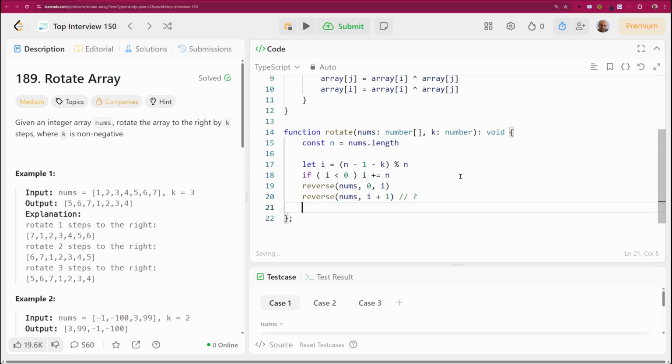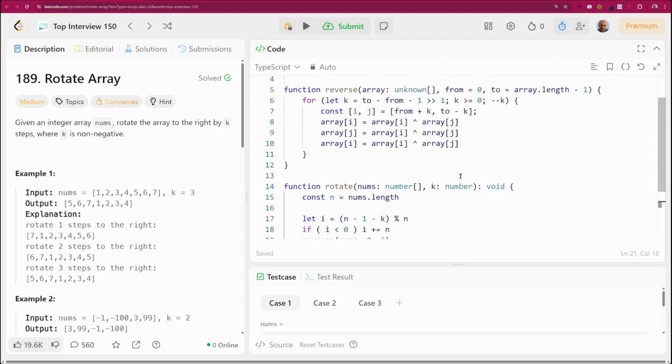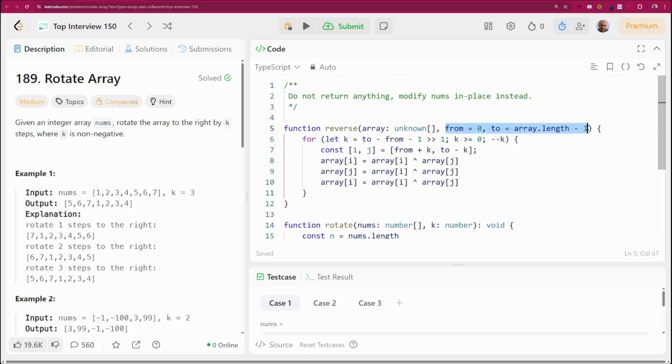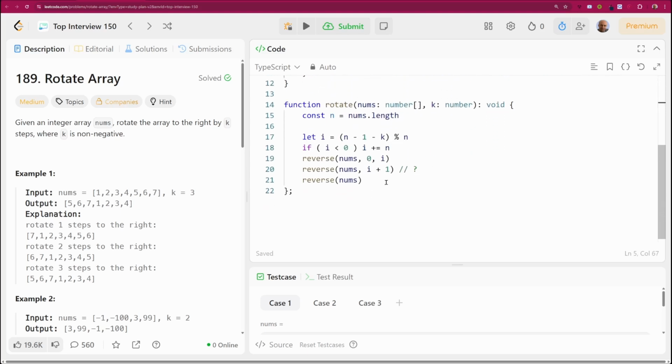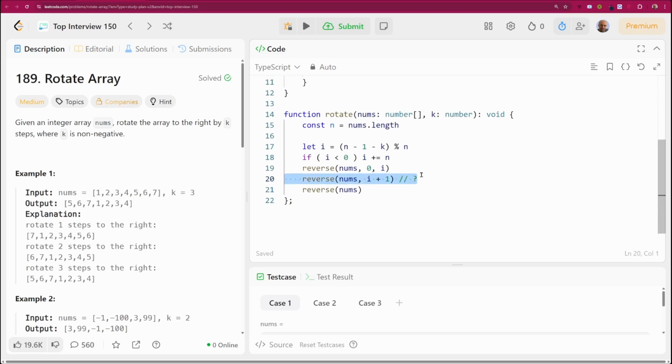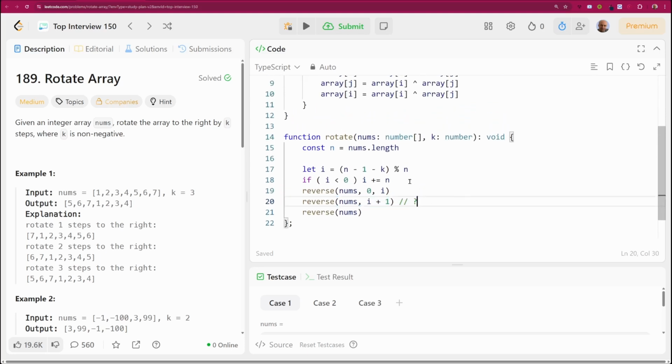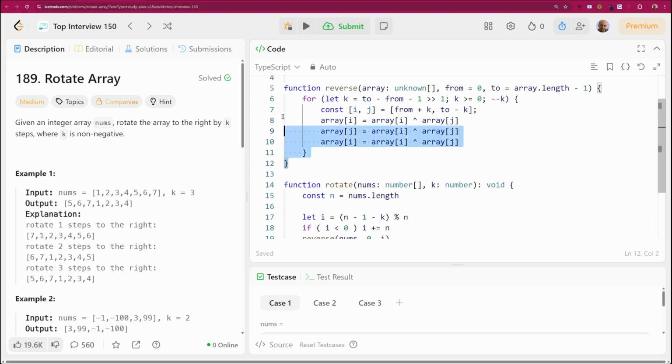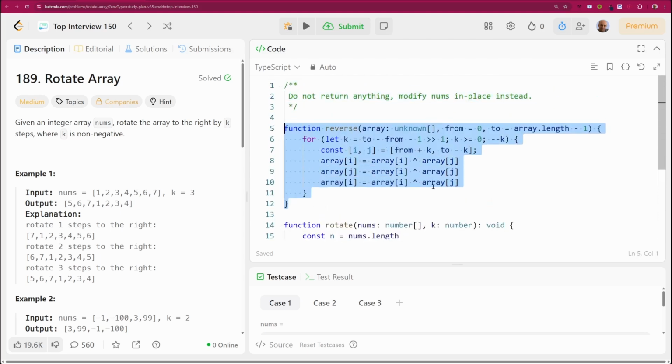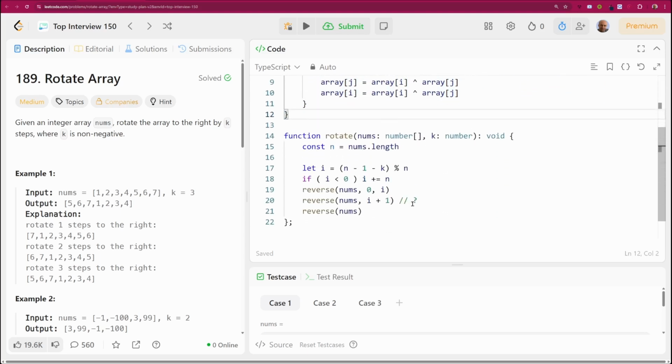But the last bit is we just reverse the entire array, if you remember. So we just reverse nums. And again, if I don't give any of the rest of the parameters, it will just reverse the entire array. So this is questionable. However, with this particular implementation, it will still work because this reversal won't really do anything.